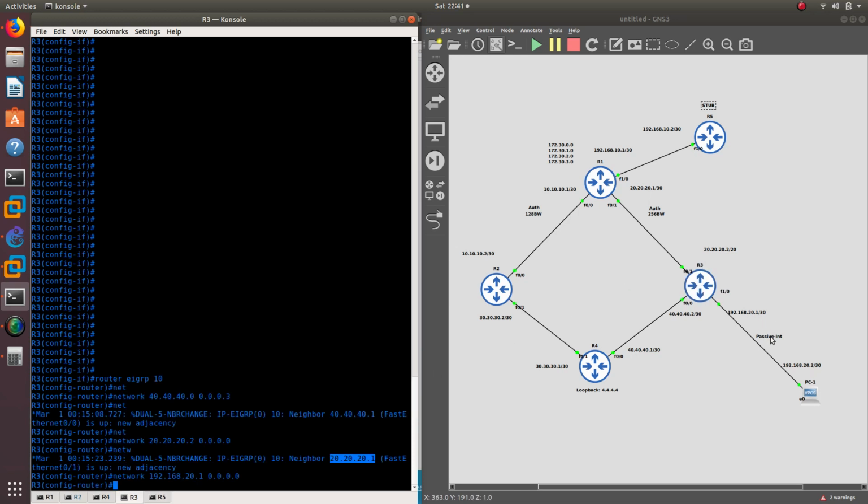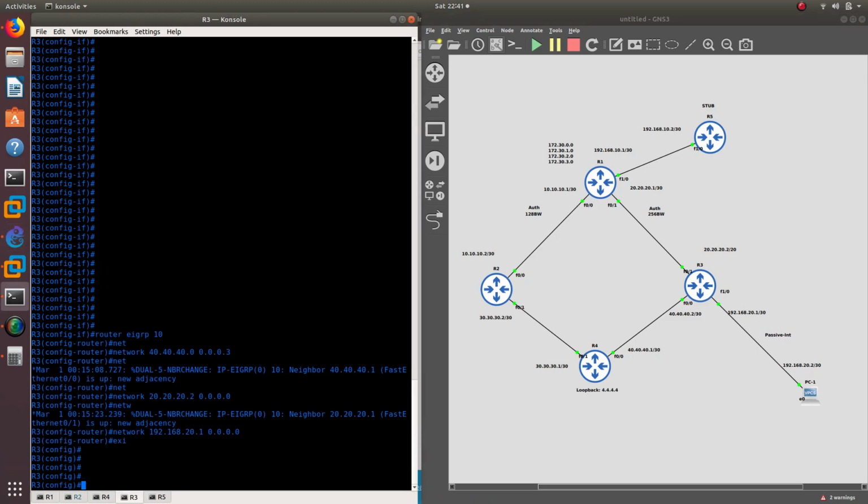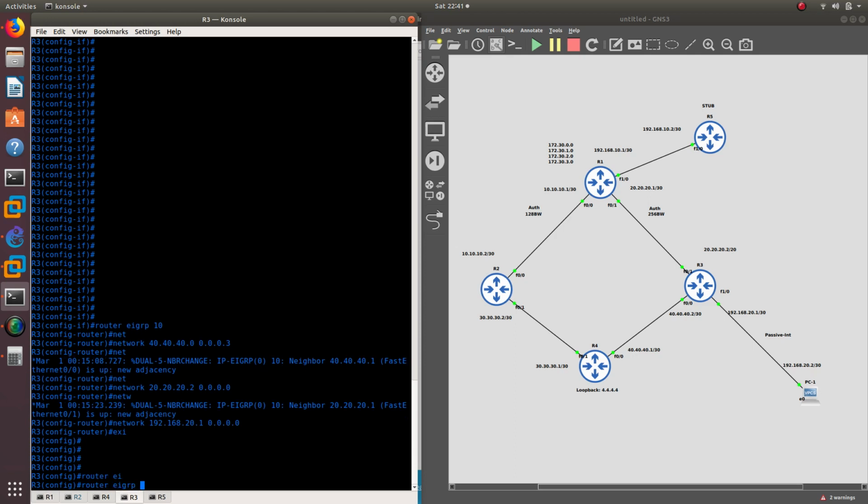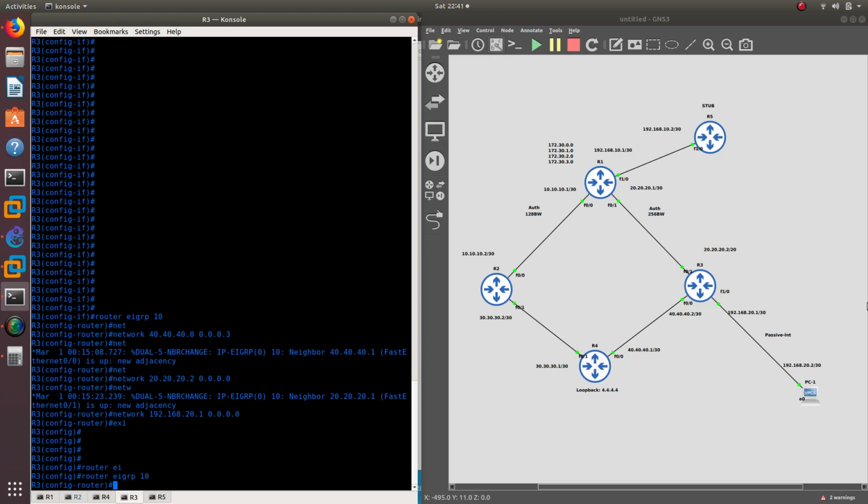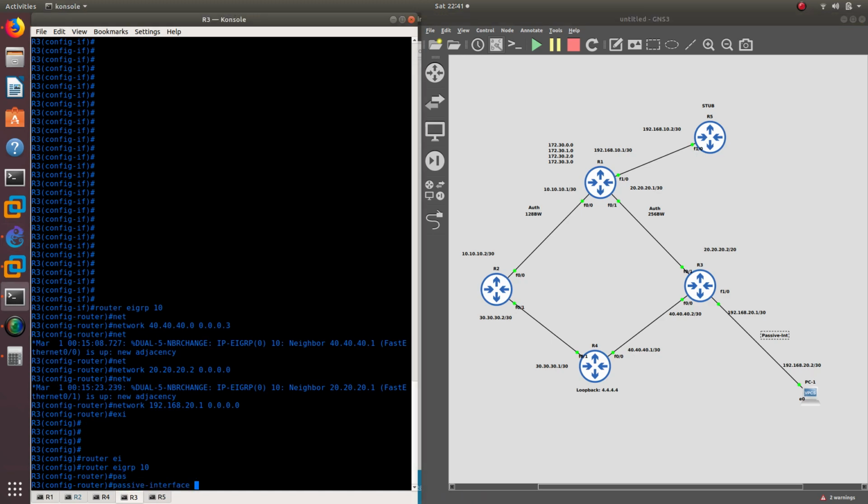In router 3, I want to set up a passive interface. Let's go back to router EIGRP 10. Okay, so passive interfaces. What do passive interfaces do? Whenever you set up a passive interface, we stop sending or receiving any EIGRP packets.